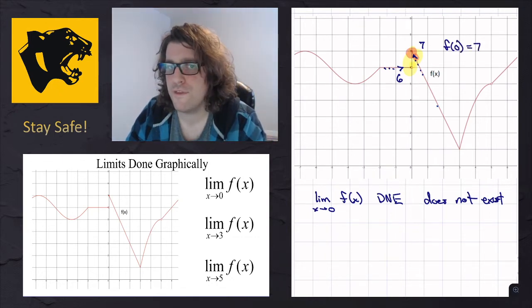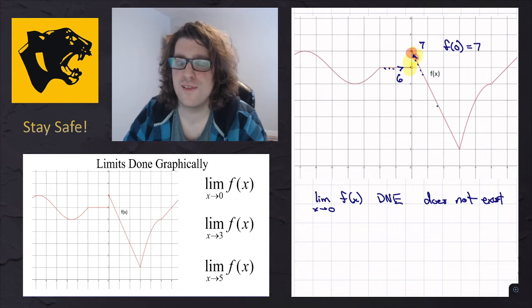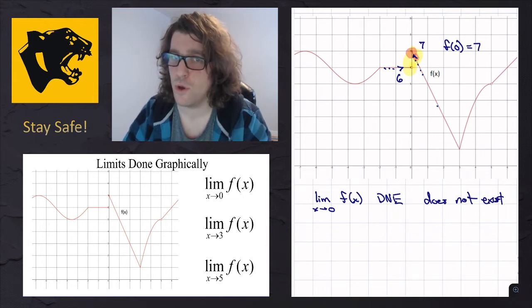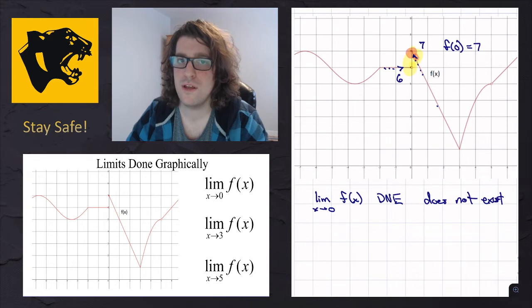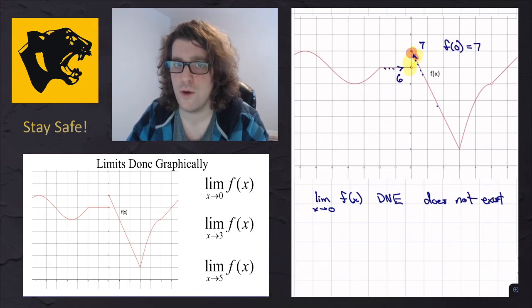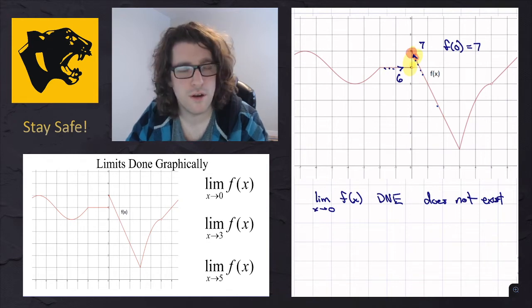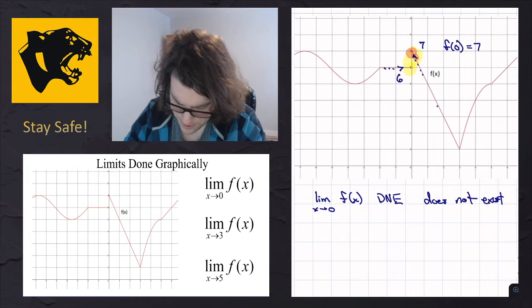So why, if the function is actually 7, does the limit not exist? And that's because of what a limit is. So the limit is only describing what the values are approaching, not what they become. And that's a really important thing to remember as we keep going here.